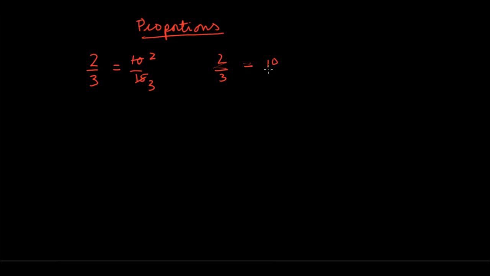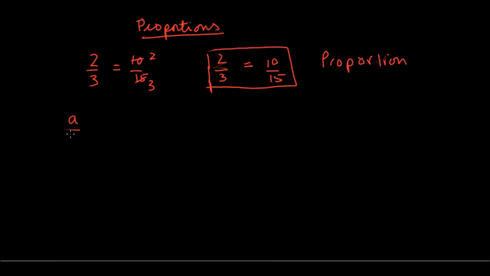So I have here 2 over 3 equals 10 over 15. Right? So this is known as a proportion. This comes in handy when one of these four values is unknown. Okay, so we'll see an example of that. But right now, just the definition that you have two ratios that are equal to each other, and it's known as a proportion.